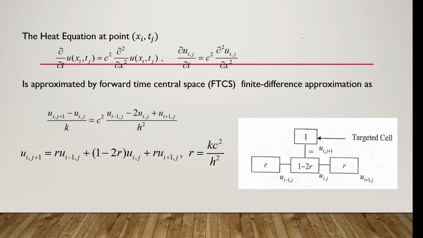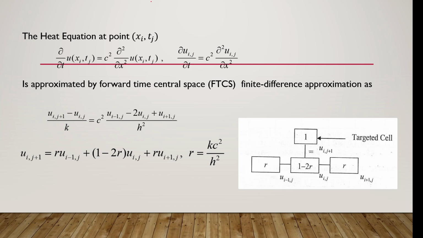So we have ∂/∂t u(x,t), where x is discretized using x_i and t is discretized using t_j. That's why it equals c² ∂²/∂x² u(x_i,t_j), which can be simplified as u_ij, as described just now.